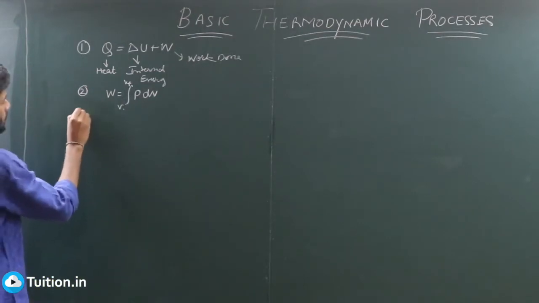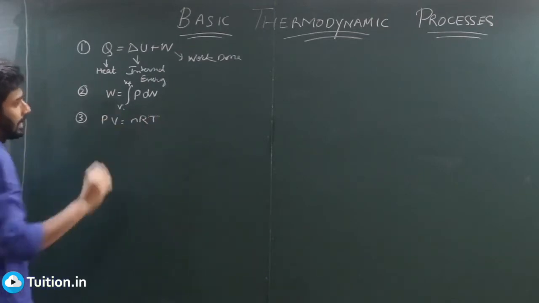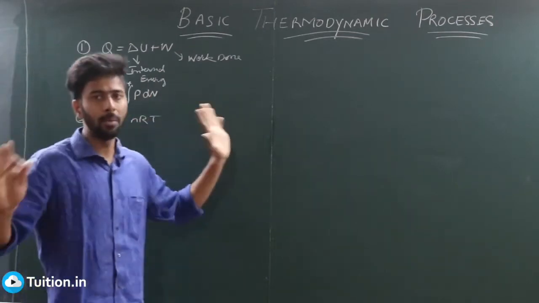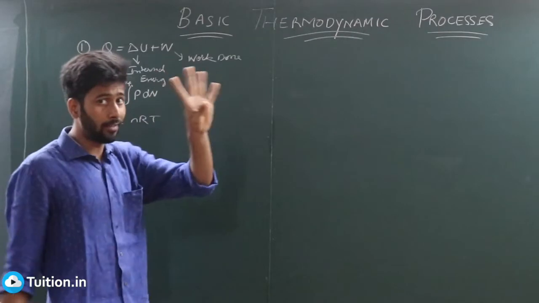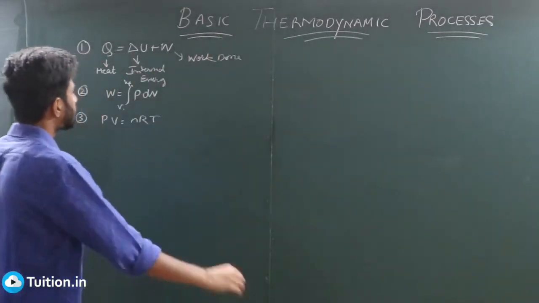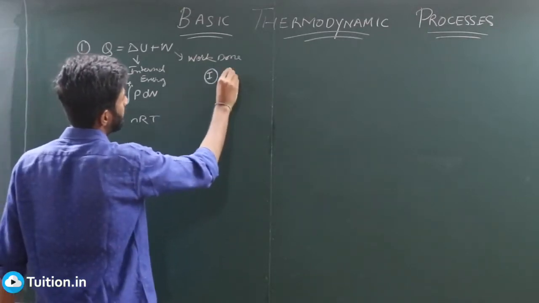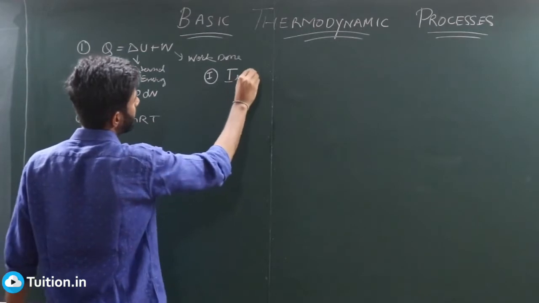And the third equation we will use is PV = nRT, the ideal gas law. We'll assume that all the gases that we will deal with in all the four processes we will see are ideal. So let's look at the first process. The first process is the isothermal process.